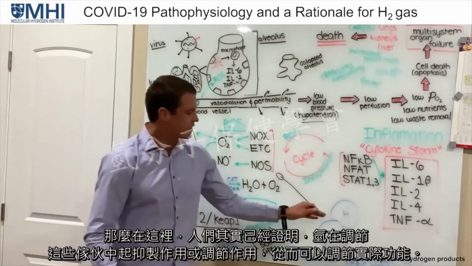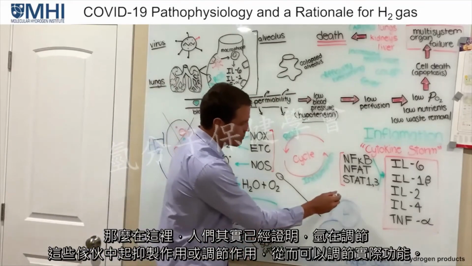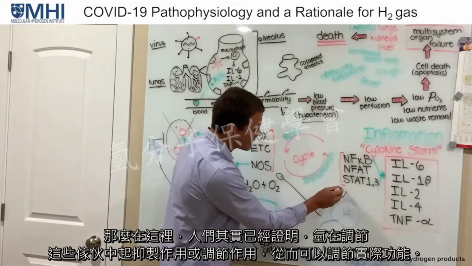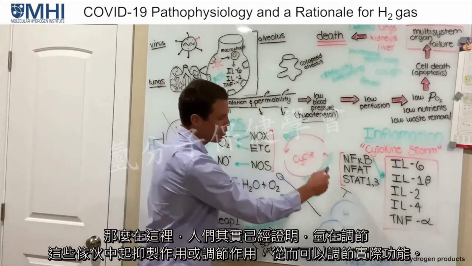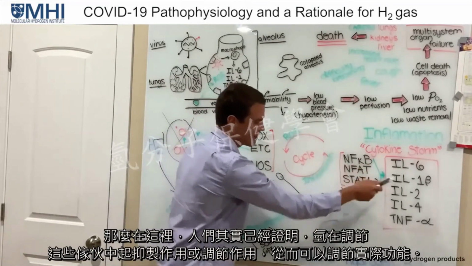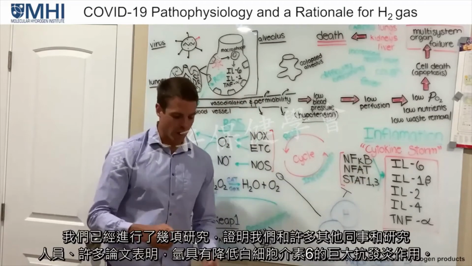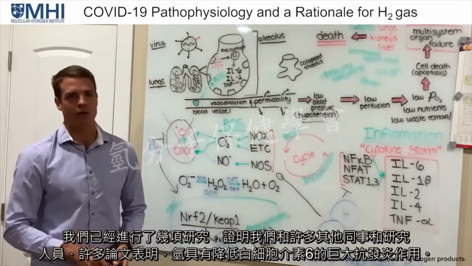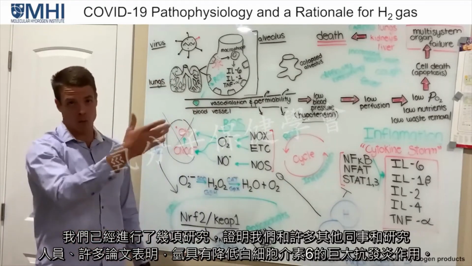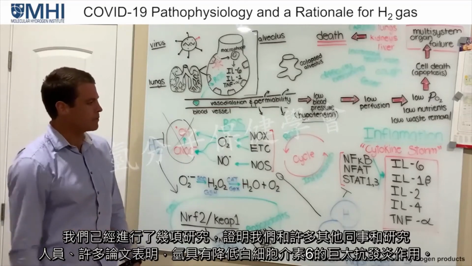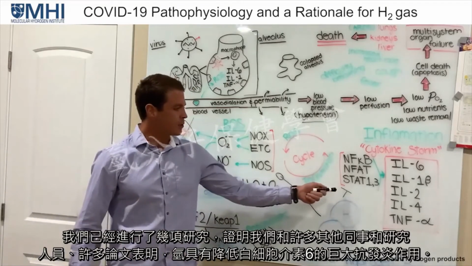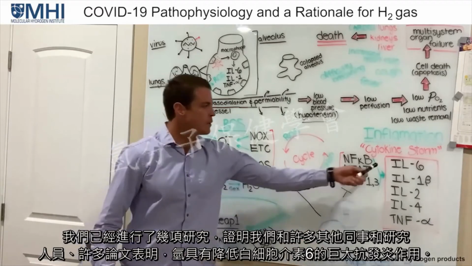So hydrogen gas over here, we've actually demonstrated that hydrogen has an inhibitory or regulatory role in regulating these guys, which are going to regulate the actual inflammatory cytokines. We've done several studies, as well as many other colleagues and researchers, and many papers have demonstrated that hydrogen has great anti-inflammatory effects, decreasing interleukin 6.